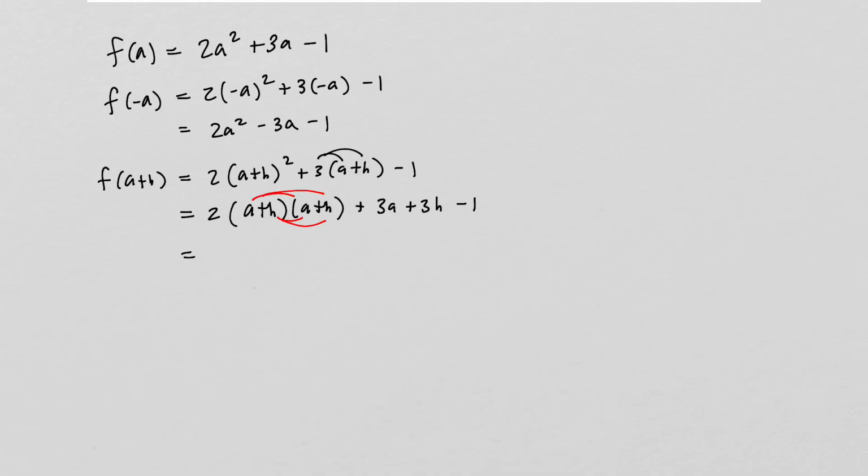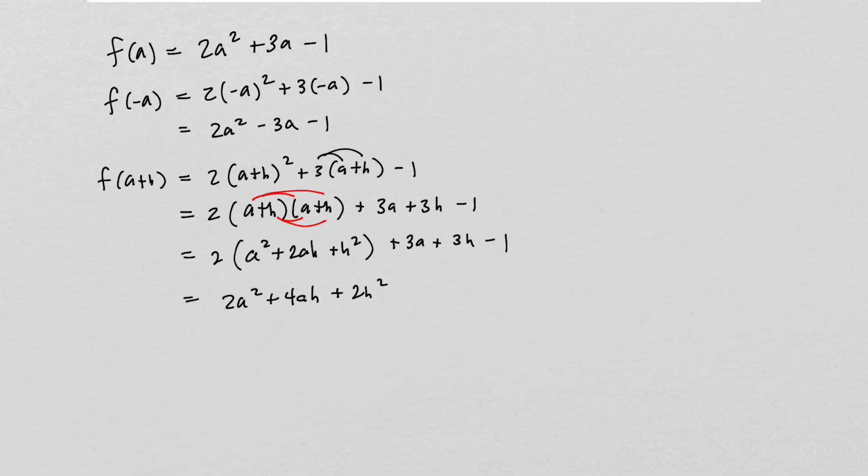And that is going to give us 2 times a squared plus 2ah plus h squared plus the rest. And then if I multiply by 2, we have 2a squared plus 4ah plus 2h squared plus 3a plus 3h minus 1. And you'll notice that there are no like terms to combine here, so this actually is our answer.